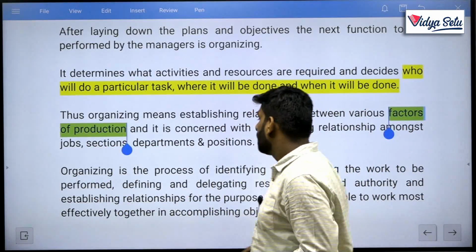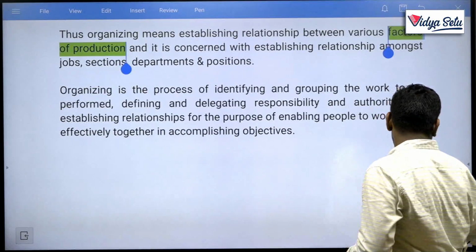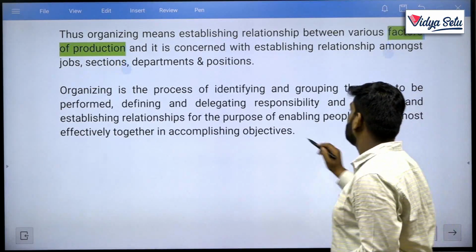Next, organizing is the process of identifying and grouping the work to be performed. You need to remember this definition too.